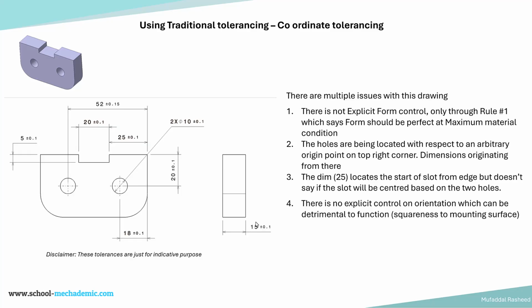So that is a default control of form, which basically means that if the size of this width is smaller, the form can vary a lot, and that can be detrimental to the function.